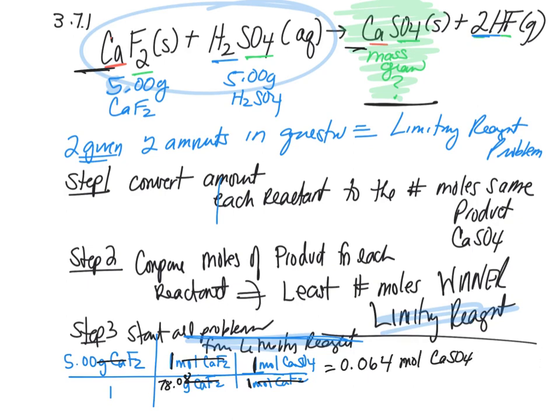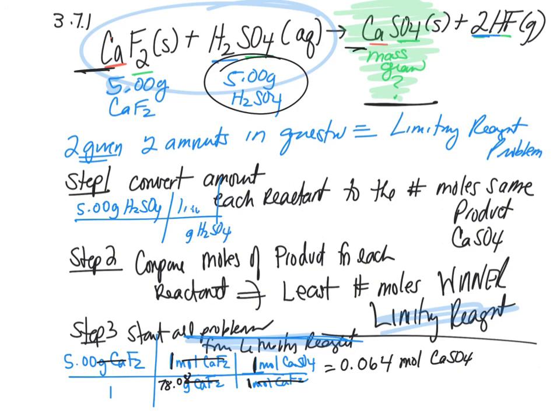Now I have to do the same thing with the sulfuric acid. I'm just going to do it up here under step 1 because I'm running out of space. So 5.00 grams of sulfuric acid, and for a gram of sulfuric acid, I have 1 mole of sulfuric acid, and then you see the coefficients: for 1 mole of sulfuric acid, I have 1 mole of calcium sulfate. And that goes to calcium sulfate.